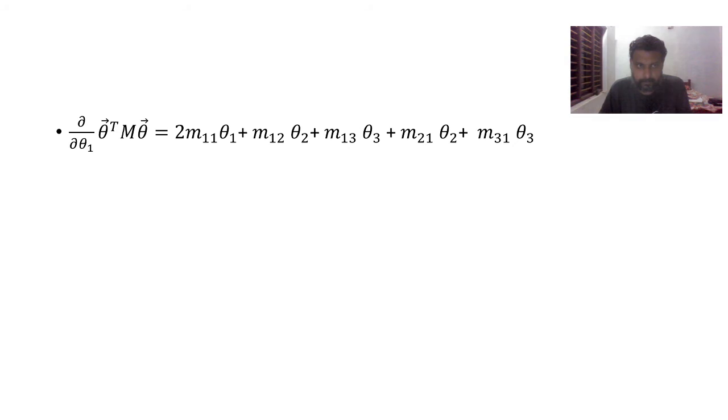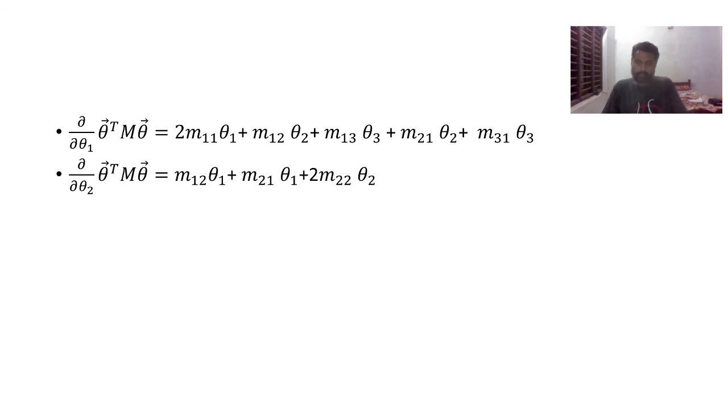Now with respect to theta 2, that is dou by dou theta 2 of theta transpose M theta. The whole equation we have to differentiate with respect to theta 2. So that is m12 theta 1 plus m21 theta 1, I have already written m21 theta 1, plus 2 m22 theta 2 plus m23 theta 3 plus m32 theta 3.